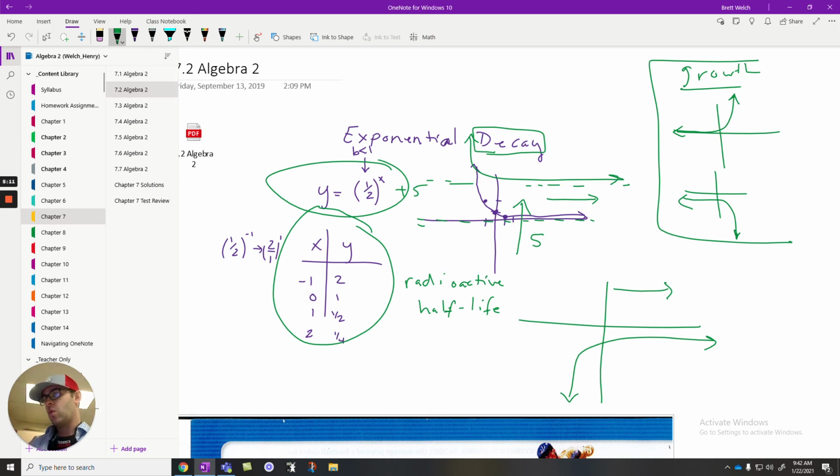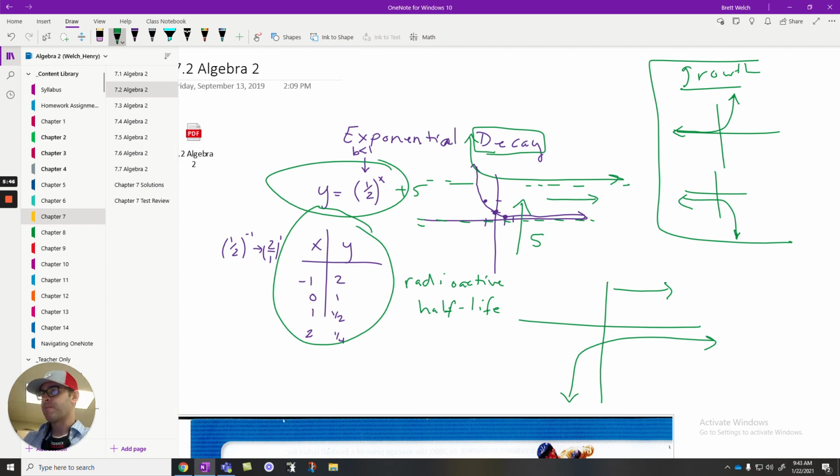But how much uranium do we need, and how much of it is actually radioactive? Uranium does degrade into non-radioactive uranium over time. So we need to know how much we have to gather, and how long it is going to be usable, because after a while, it's no longer radioactive. So understanding its half-life, or when half of the material becomes stable and not radioactive, we need to know when that happens. Radioactive half-life is an exponential decay graph.